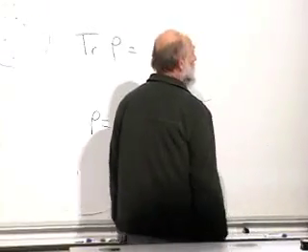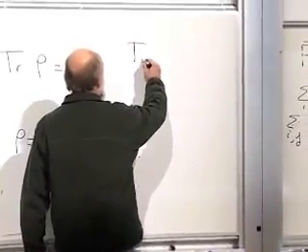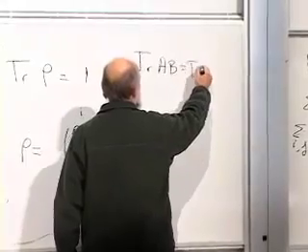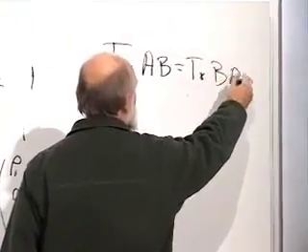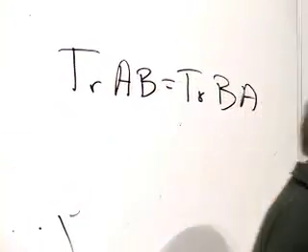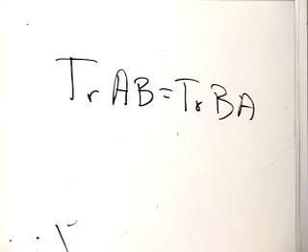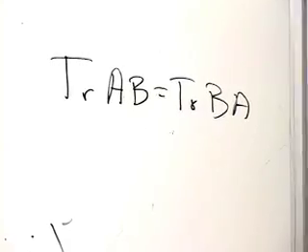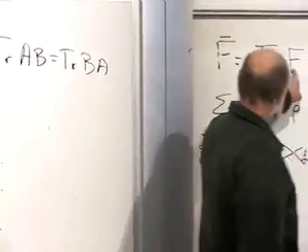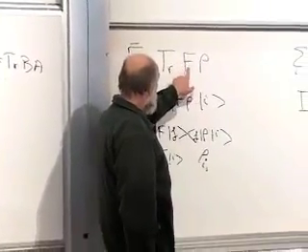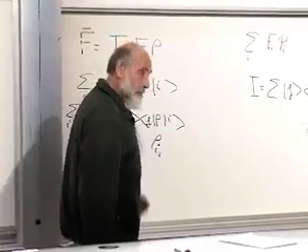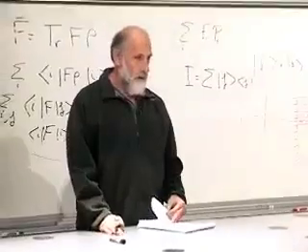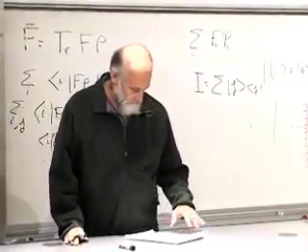If you have the product of two operators, A and B, the trace of A times B is the same as the trace of B times A. Work that out. Even if A and B don't commute, the trace of the product doesn't matter which way you order them. And so, in fact, it doesn't matter which way you order f and rho. Trace of f times rho is the average. Okay. That gives us the concept of a density matrix.